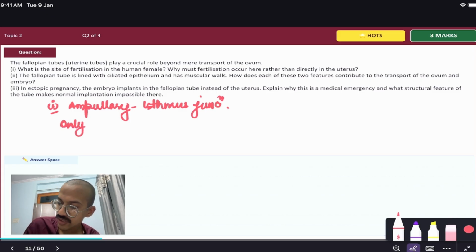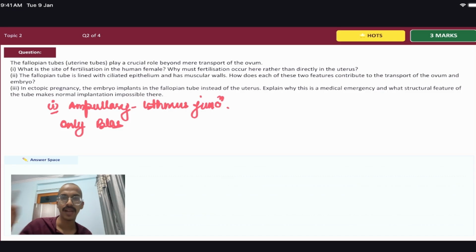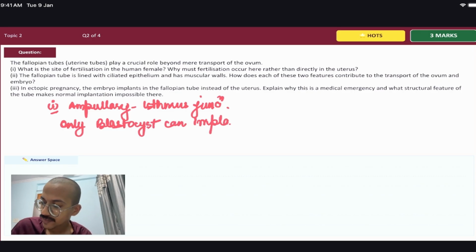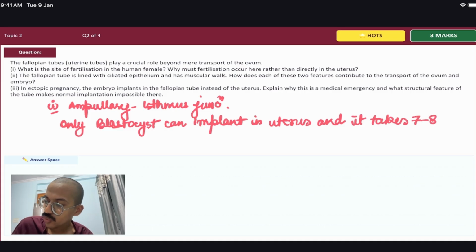only the blastocyst has trophoblast cells, which are sticky cells that can go and join with the uterus. Okay, because only blastocysts can implant in uterus, and it takes 7 to 8 days to form.